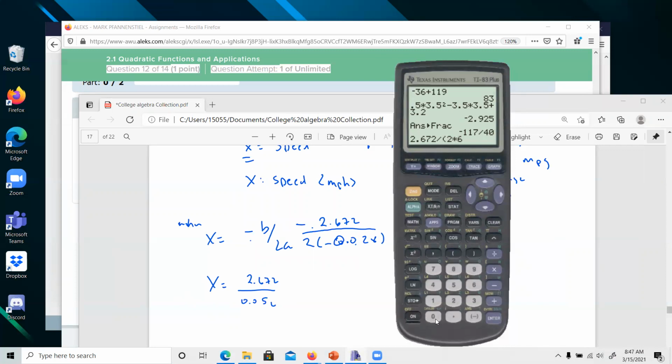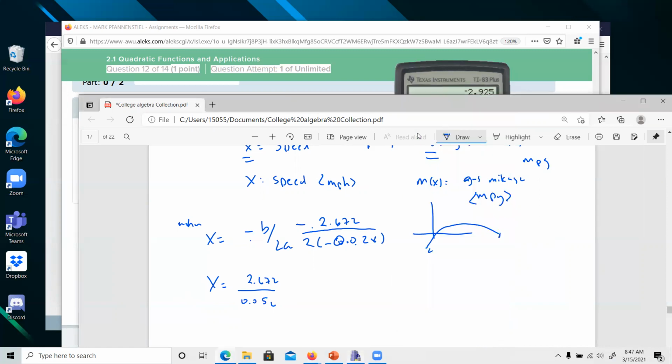Use parentheses. What did I do? 2.672 divided by 2 times 0.028. I probably put an extra parenthesis in there. So x is equal to 47.7.